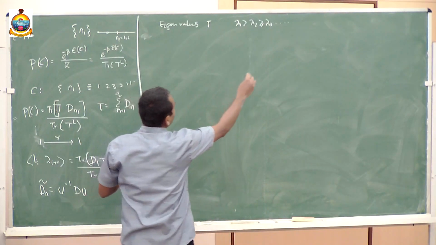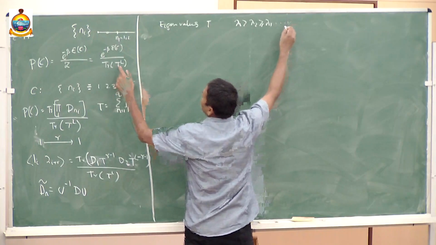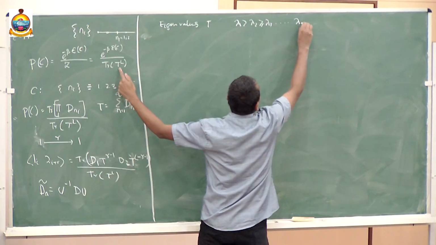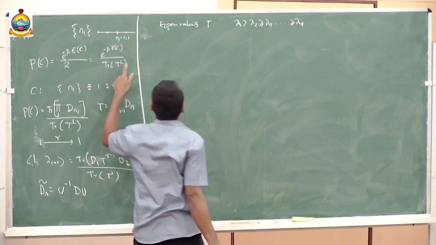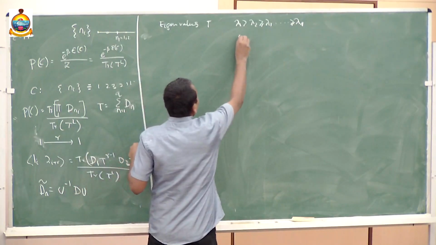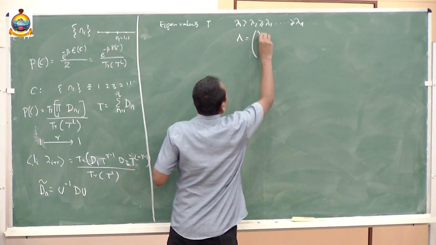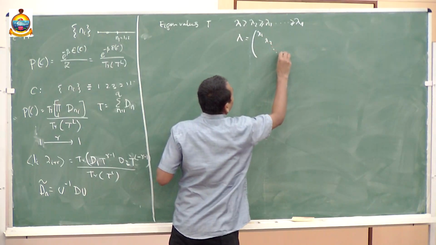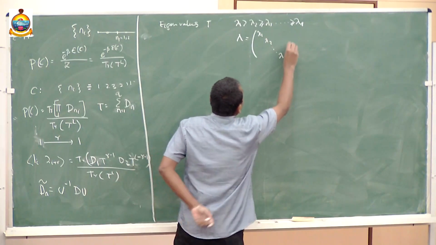Okay, so if this is the situation, and whatever the dimension of the transfer matrix, lambda 1 greater than or equal to ... lambda d. So if these are the eigenvalues, you have a matrix lambda in which all the diagonal elements are lambda 1, lambda 2, like lambda d, whatever the dimension.